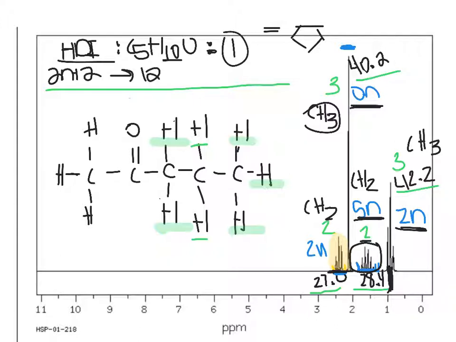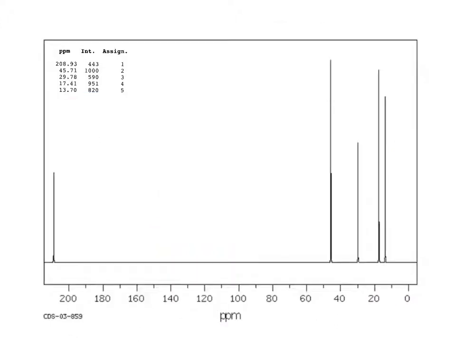and now we're going to go ahead and look at our carbon-13 NMR analysis. So this is our spectra when we're examining the carbon-13 NMR, and right from the start I can see from the number of peaks that we're going to have different carbon environments.